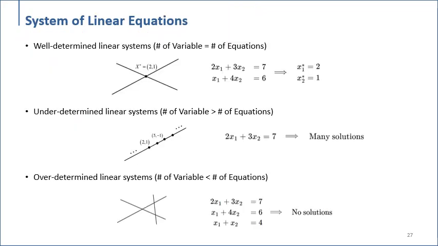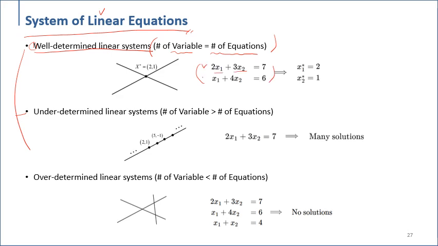In the last part, we're gonna take a look into systems of linear equations, and there are three types of problems. Depending on the problem setting, we can divide the systems of linear equations into three types. The first one is well-determined linear systems where the number of variables is equal to the number of equations. Here we have two unknown variables, and also two linearly independent equations.